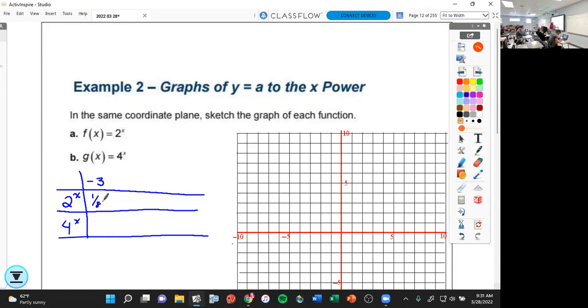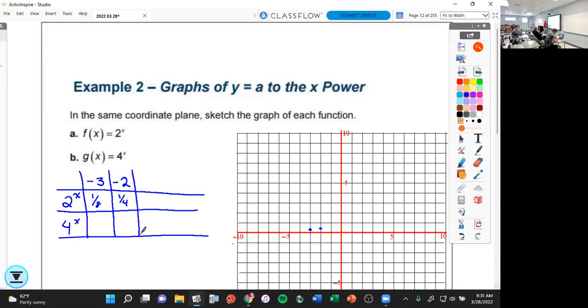So I went back 3, 1, 2, 3, up just a little bit. What if I plugged in, and we'll come back to the other one in just a moment. I'll change colors for that graph. Let's go -2. Okay, 1/4. -2, up a little higher. Let's skip.